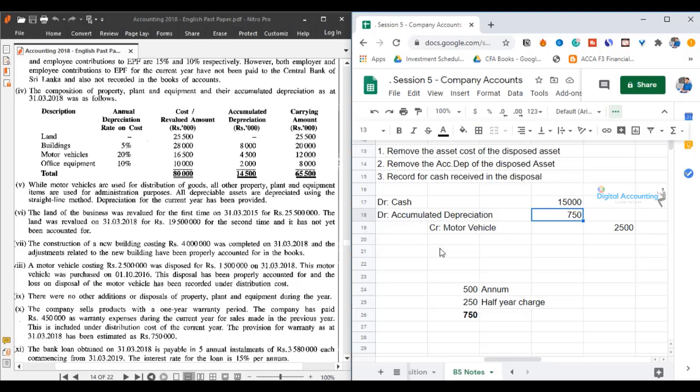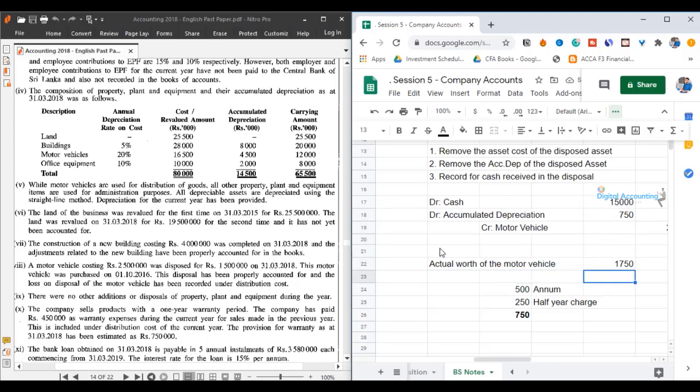So the actual worth of the motor vehicle is: 2,500 the cost, less 750 used. So 1,750 is the actual worth of the motor vehicle.